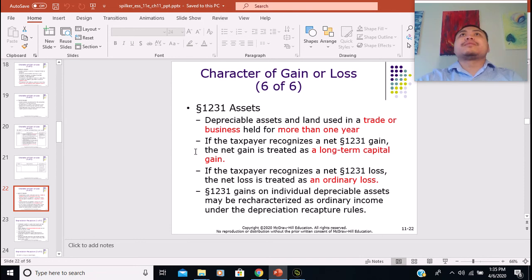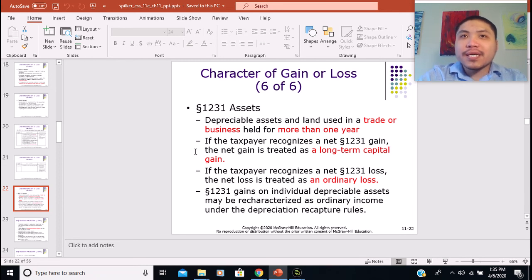So let's think about the case where a taxpayer bought an asset, and over time the asset depreciates. Let's say the taxpayer initially bought the asset for $1,000, and after 2 years the asset depreciated by $200, so the adjusted basis is $800.